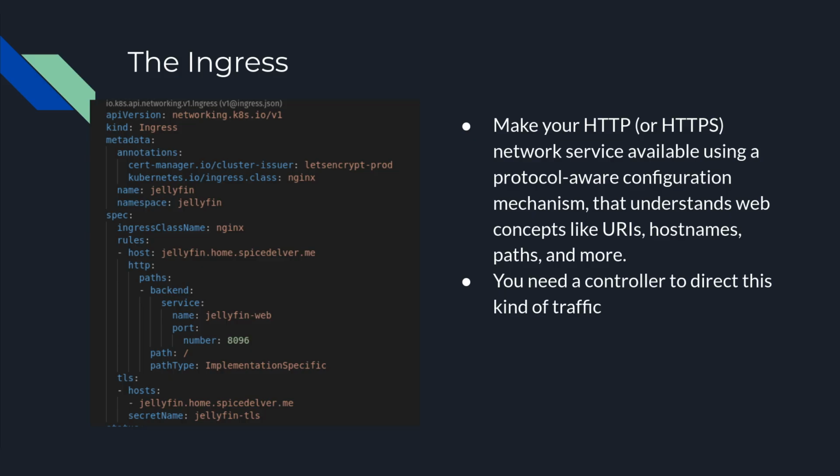Then you will get the ingresses, which actually make sure you have URL interactions inside of your cluster. So, like going back to a web server inside of it, like Jellyfin in this case, I can go in my browser, go to my Jellyfin at home that's spiced after me, and I'll get Jellyfin.